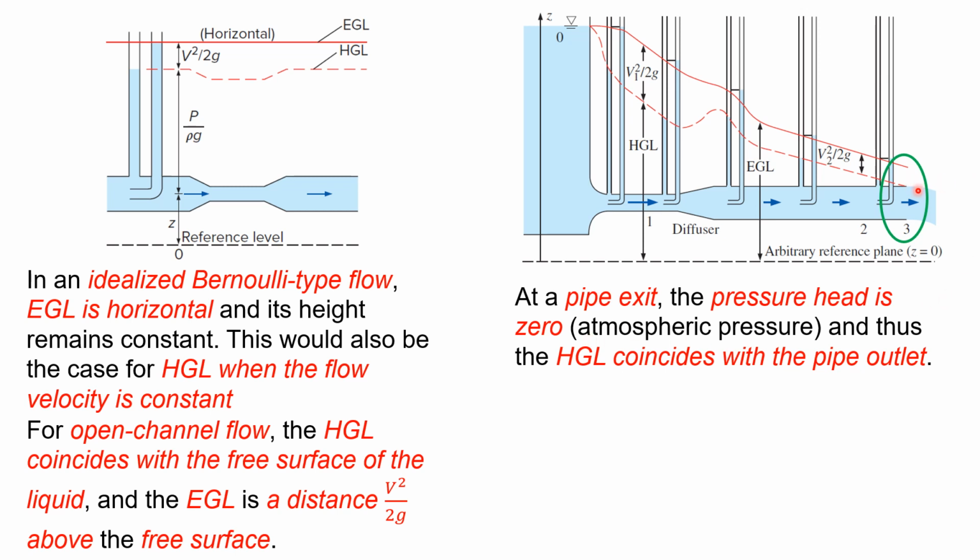So the pressure head becomes 0, and HGL coincides with the pipe outlet. HGL will be atmospheric pressure, or in this case will become 0, and the only value that will be available is V square over 2g, which is the EGL.